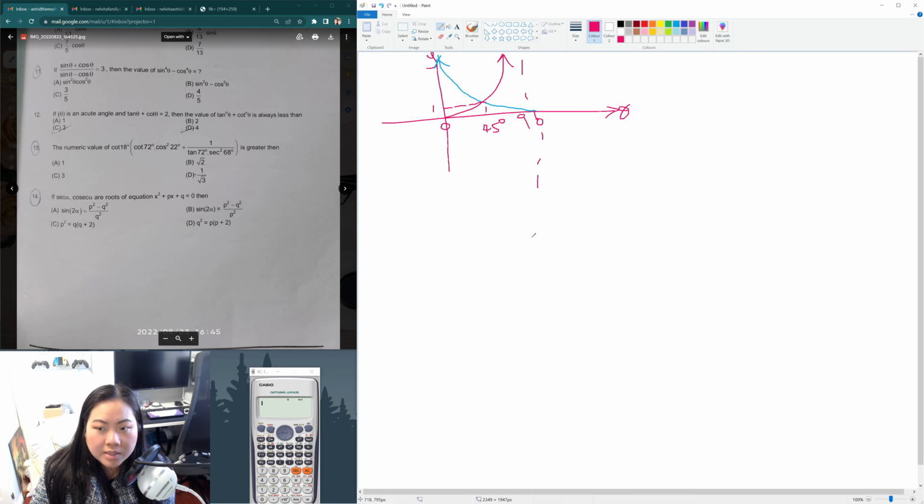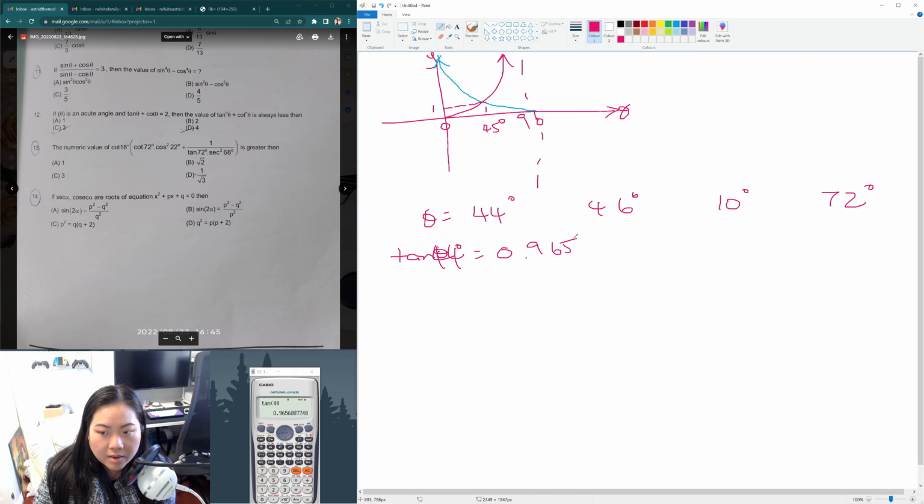So let me show you. Let's say that theta is 44 degrees, and then when theta is 46 degrees. And we'll also add in when it's 10 degrees, and let's say when it's 72 degrees, our favorite number. So at 44 degrees, which is slightly less than 45, tan 44 degrees is going to be slightly less than 1, so 0.965.